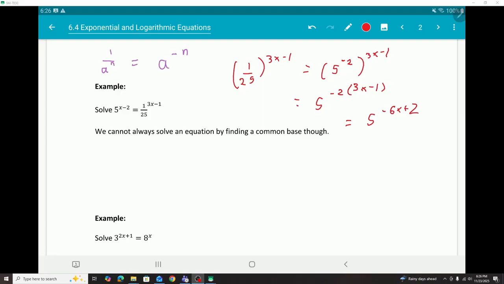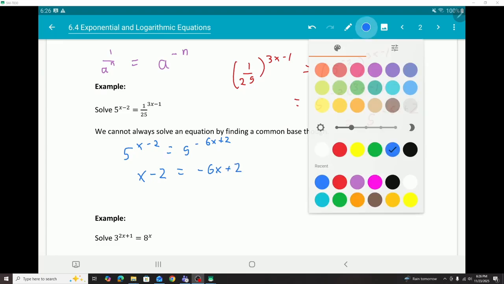Now, once again, I have a common base. And this is just a matter of solving. 5 to the x minus 2 equals 5 to the minus 6x plus 2. But now the bases are equal, which means the powers have to be equal. x minus 2 equals minus 6x plus 2.